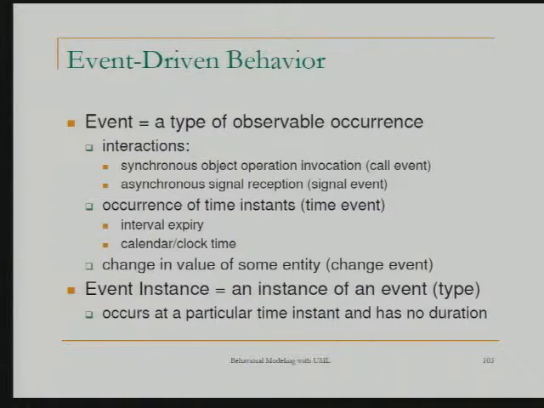So event-driven behavior is also very commonly associated with time instance or change in some time. And then other event instances, something happens at a particular time. It doesn't necessarily have a duration, like for example, 3 o'clock p.m., but it's an event instance in that sense, that it's just indicating that something has happened.